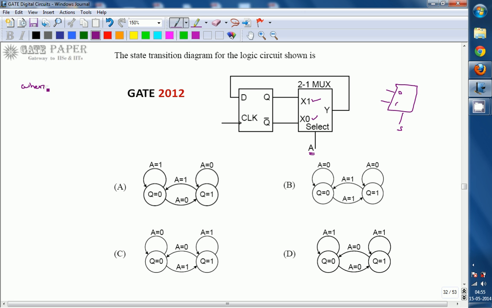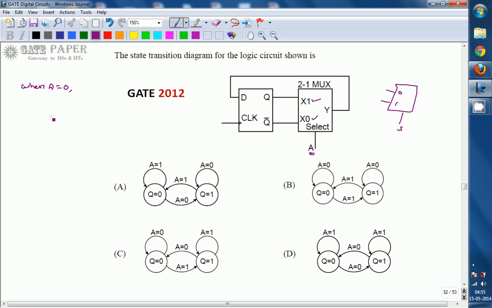When A is equal to 0, the x0 line is selected, and x0 is connected to q bar. The output y is now communicating with x0, which is connected to q bar.